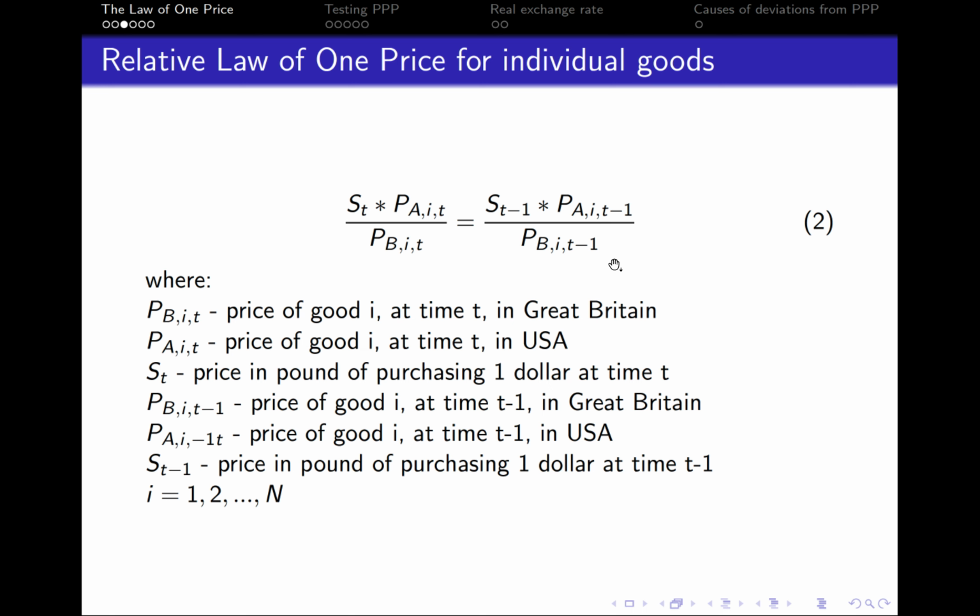This actually shows that in absolute terms, those prices can actually deviate from the law of one price, but in relative terms they should still hold. So the appropriate changes over here should always compensate in such a way that the relative prices intertemporally, so in between two different time periods, stay the same.